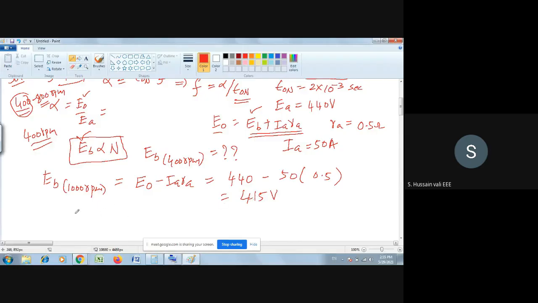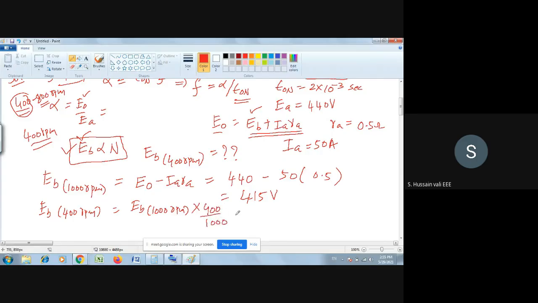Now we have to find out the back EMF at 400 rpm. How do you find it? If you know the back EMF at 1000 rpm, we have the equation EB proportional to N. So EB at 400 rpm is equal to EB at 1000 rpm into 400 by 1000.